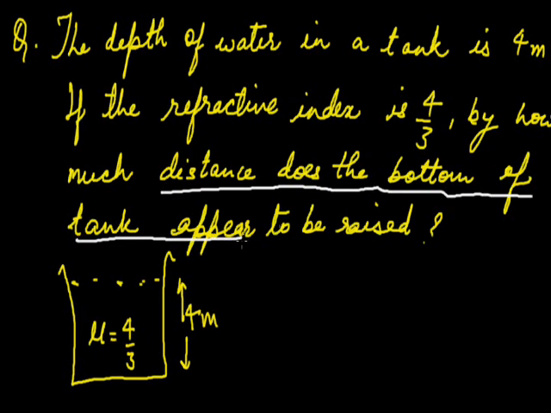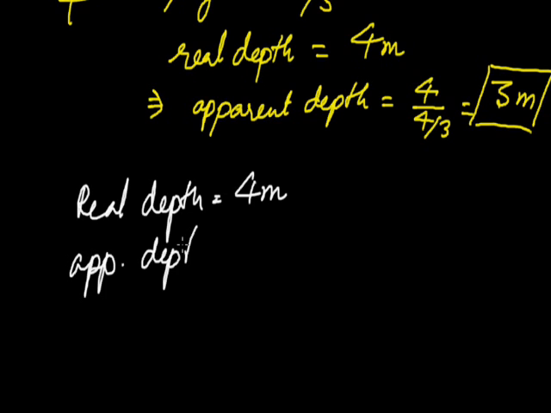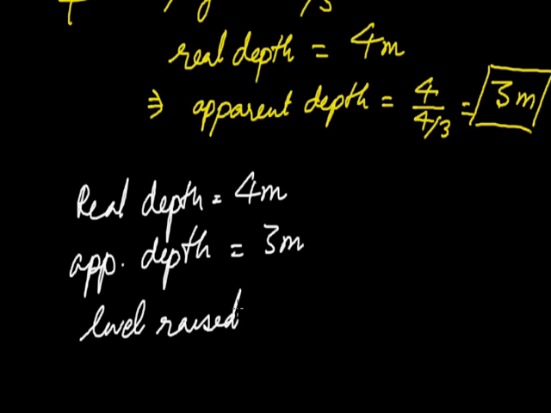We have to tell how much the level is raised. So let's make a simple calculation: if the real depth is equal to 4 meter and the apparent depth is equal to 3 meter, then the level raised is equal to 4 minus 3, that is 1 meter.